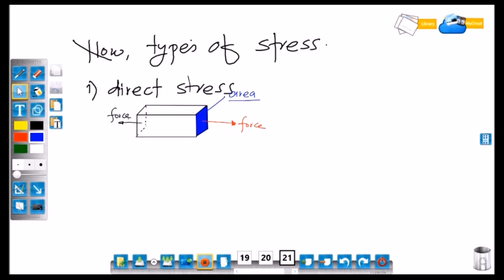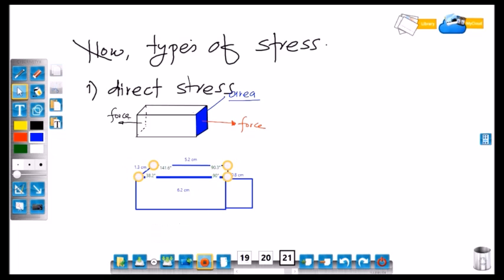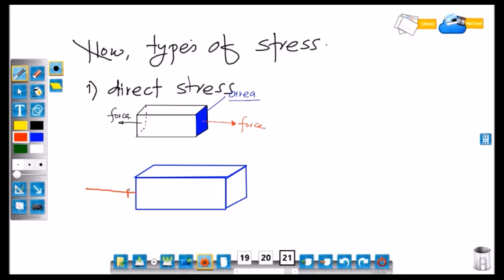This is tensile force, and take another body. This is compressive force acting on this shaded area.